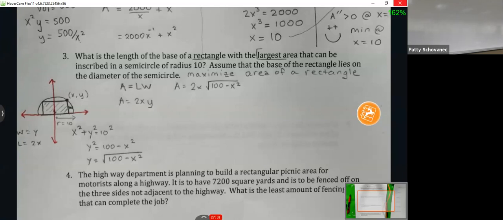Getting the square root of 50 or 5 square root of 2? Anybody in that neighborhood? Keep going. We're on the right track.